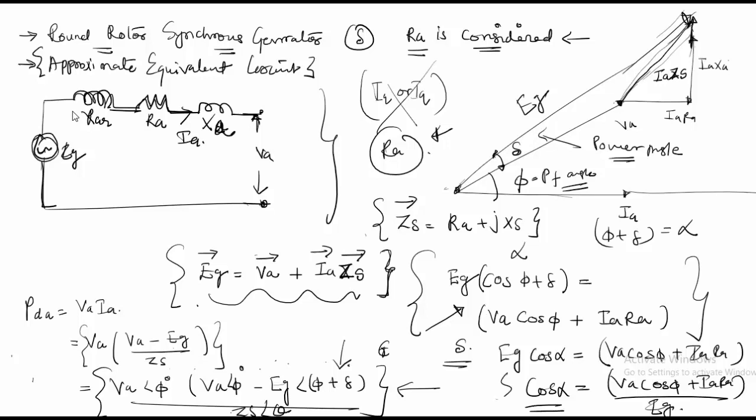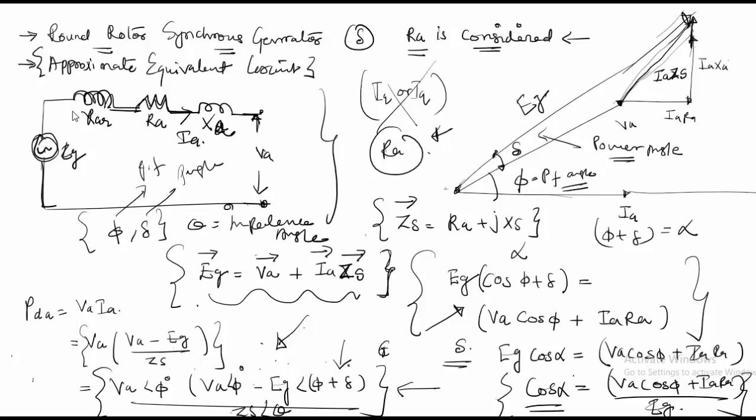So based on solving for this equation, it's possible to find out in terms of three parameters. One is your phi, one is your delta, which is your power factor and the power angle, and your theta, which is equal to your impedance angle. So again, that's one derivation which you can refer in your reference books if you are looking.